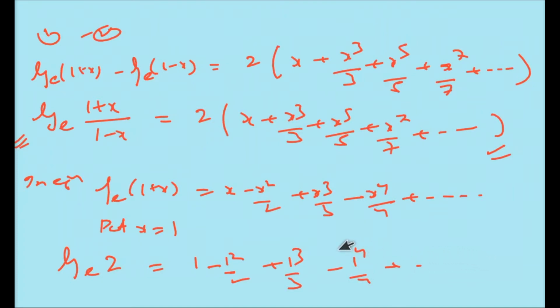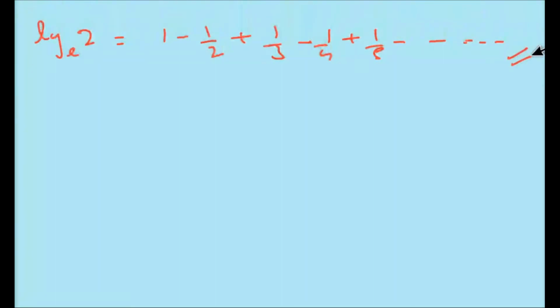So what we got, the value of log e base 2 is 1 minus 1 by 2 plus 1 by 3 minus 1 by 4 plus 1 by 5 minus and so on. This you have to learn.